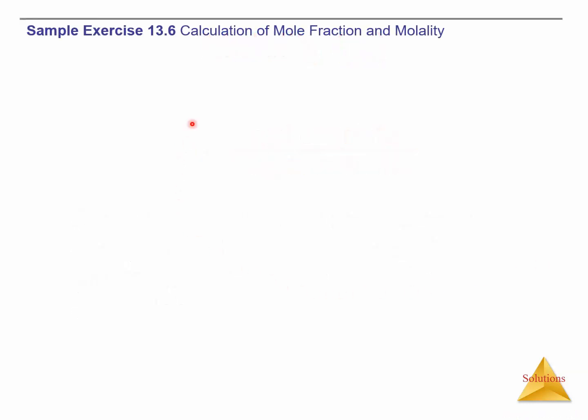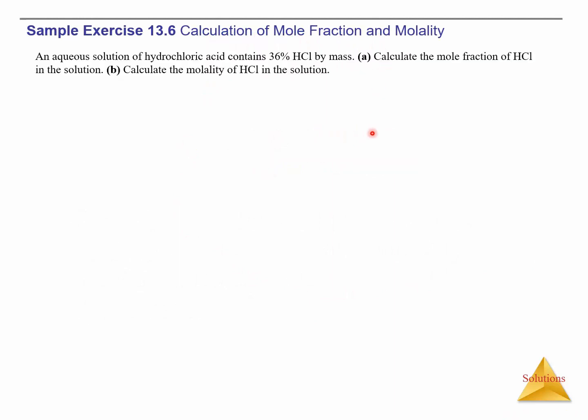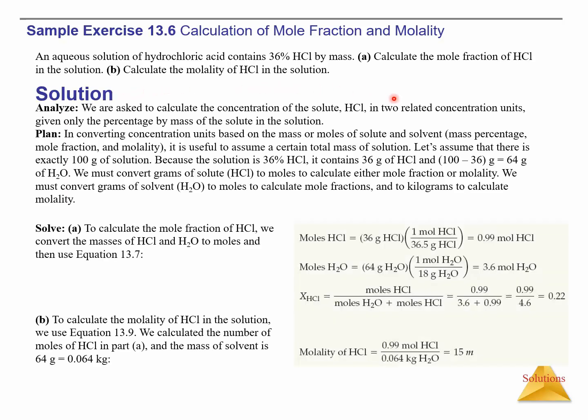Look at this sample exercise: calculation of mole fraction and molality. An aqueous solution of hydrochloric acid contains 36% HCl by mass. A. Calculate the mole fraction of HCl in the solution, and B. Calculate the molality of HCl in the solution.